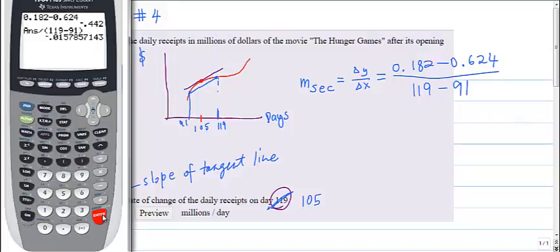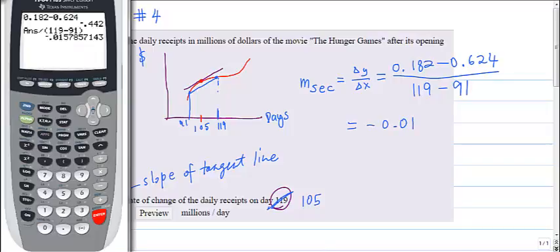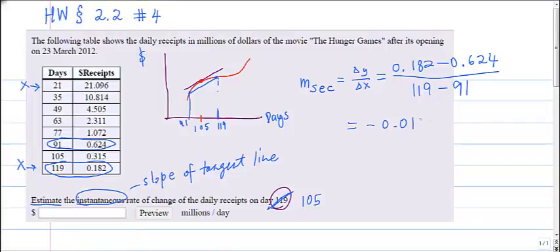Enter. So negative 0.01, and let's take it out a few decimals, 0158. Okay, in millions of dollars. So that's what you want to put here. That's the instantaneous rate of change.